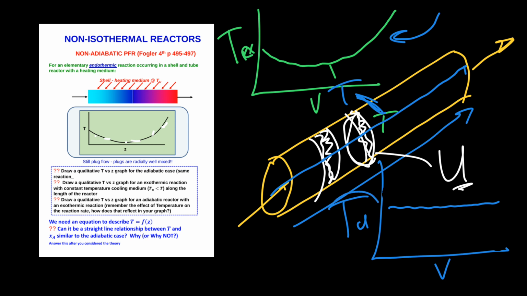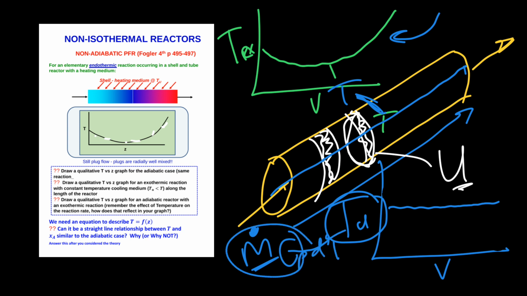A constant temperature utility example is steam that is just being condensed, so you just use the latent heat, or water that you're evaporating, once again just the latent heat, or once again a fluid for which you have a very large flow rate of my utility, so that if I consider the m Cp dT term, this is so big that the change in temperature along the length pretty much goes to zero.